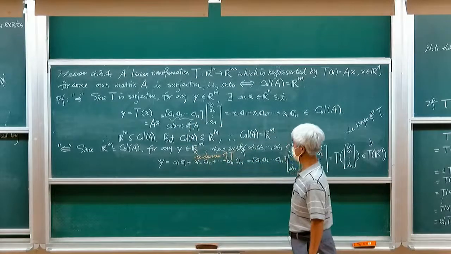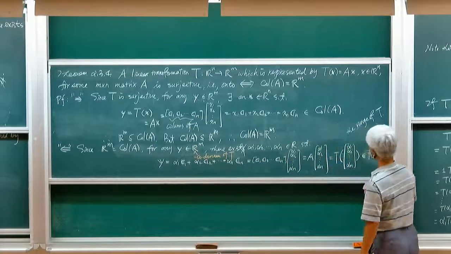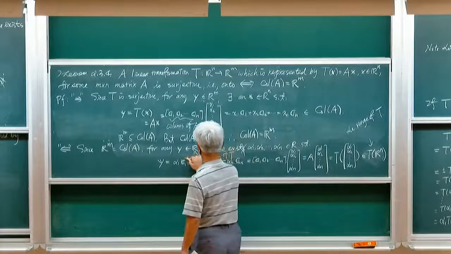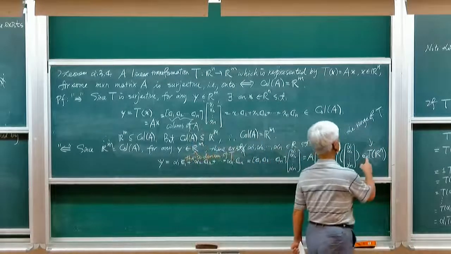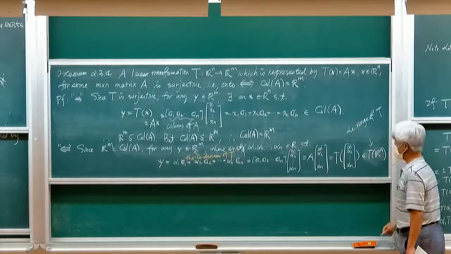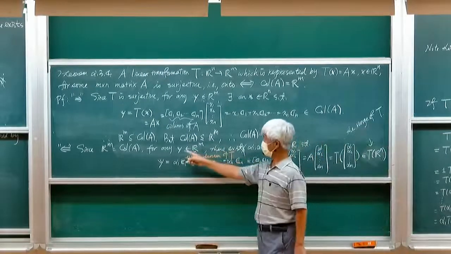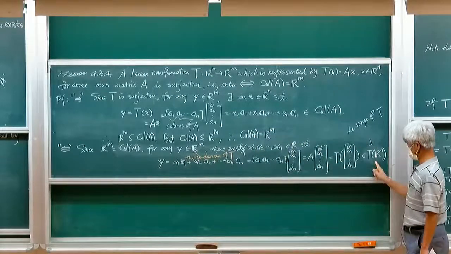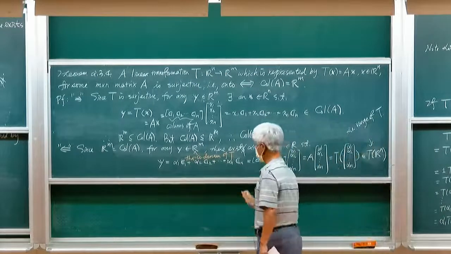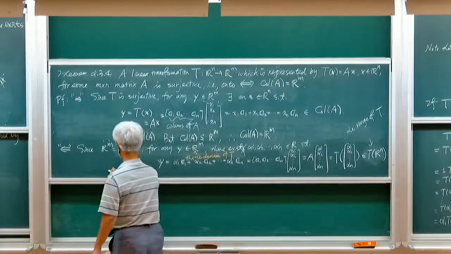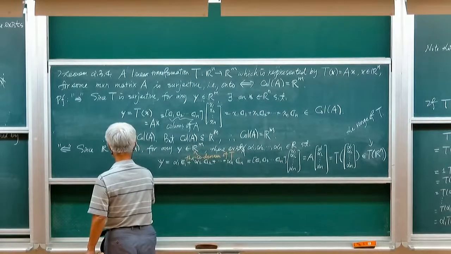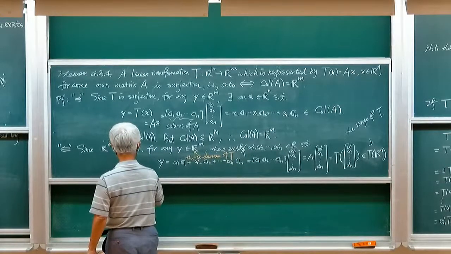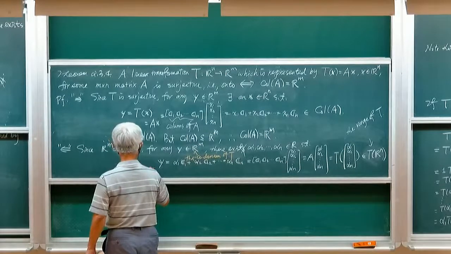So R^m is the codomain of T, and T(R^n) is the range of T. So every vector in the codomain of T is in the range of T. So this shows that the codomain is a subset of the range of T.